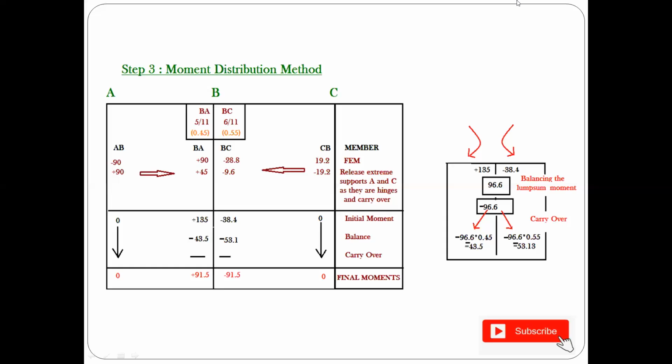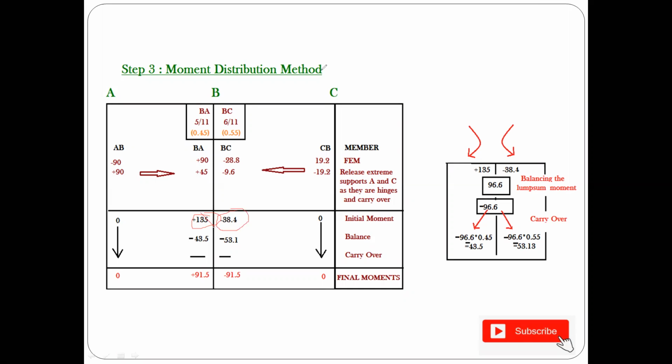That means in one place you are not having the same value on the left and right hand side. So they are not balanced. The joint BC and BA are not balanced. Here you're having 135 and here you're having minus 38.4.